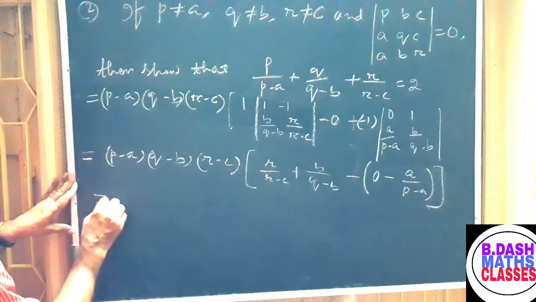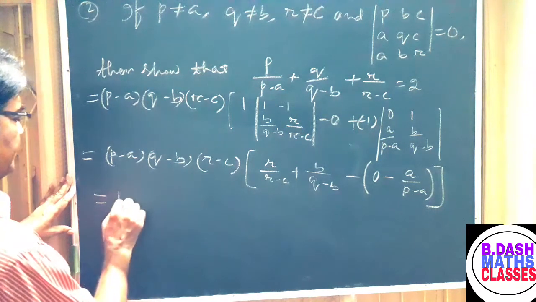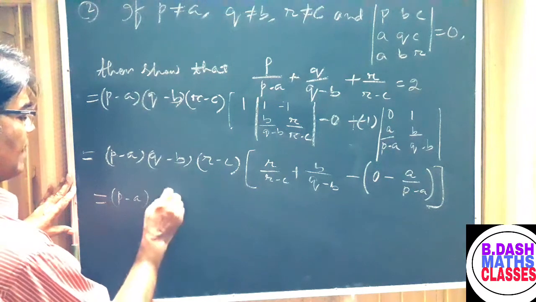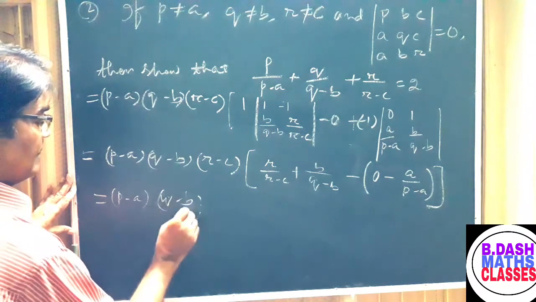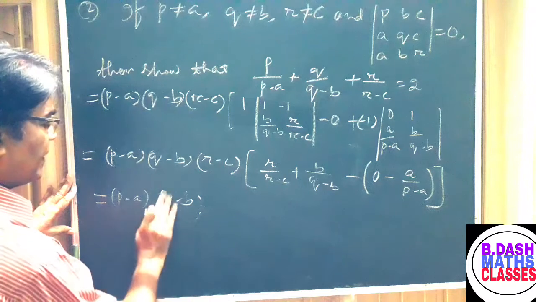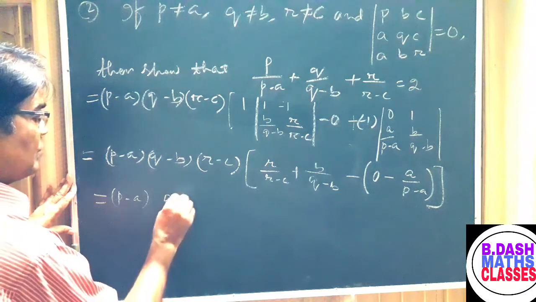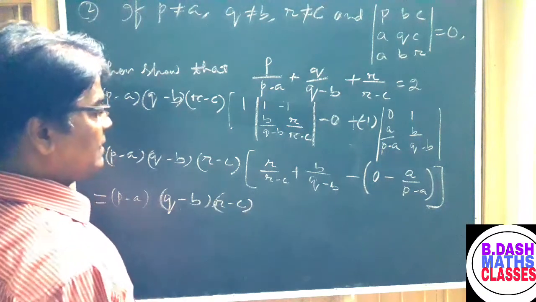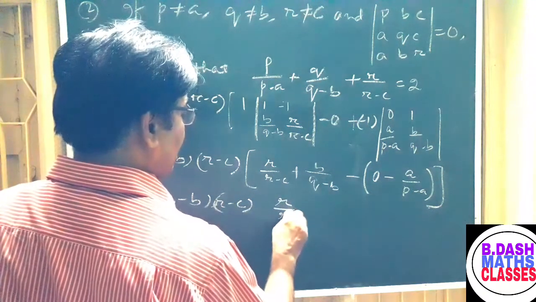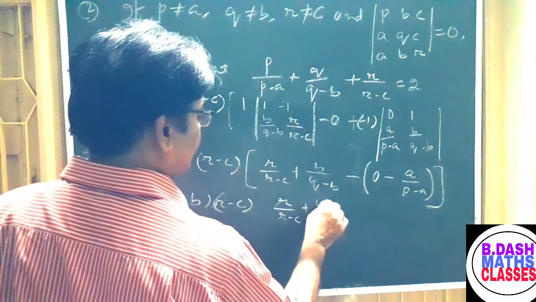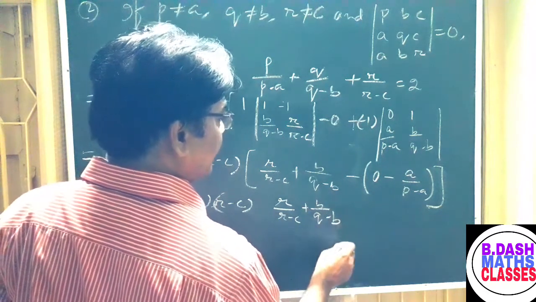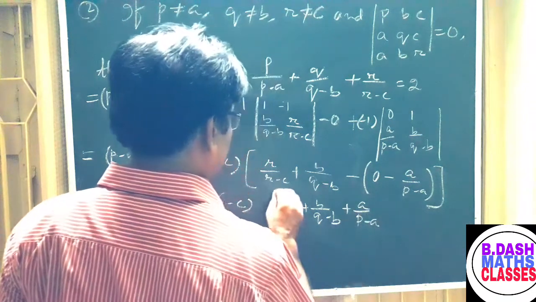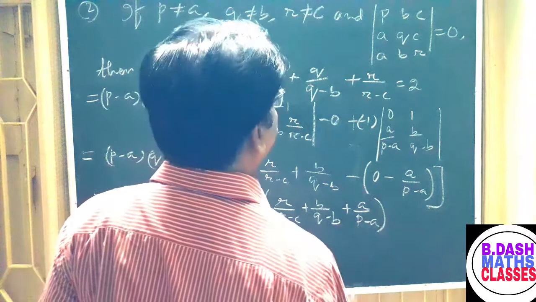So this is equal to P minus A, Q minus B, R minus C, and this will be R by R minus C, B by Q minus B, plus A by P minus A. So we get this value.